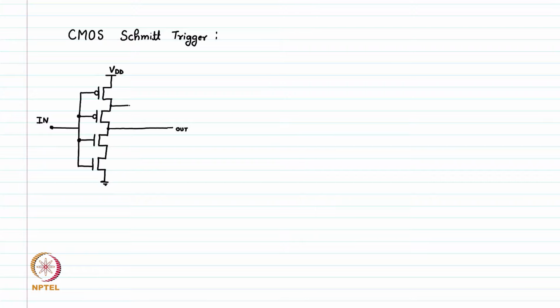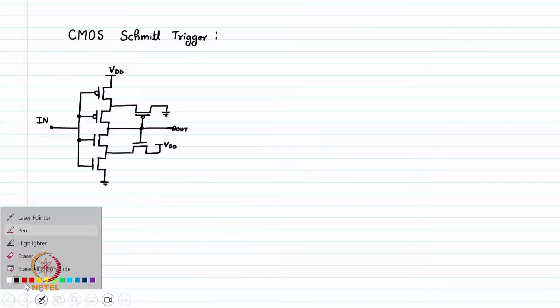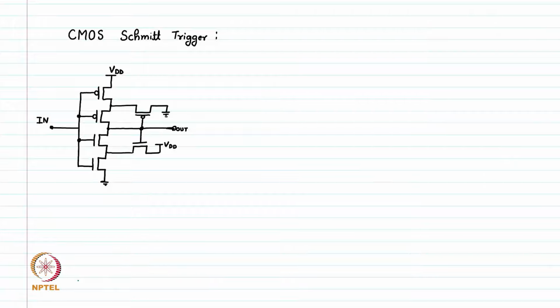There is a separate structure connected here, which is a PMOS on top and an NMOS at the bottom. This is connected to VDD and this is ground. This NMOS is connected here. So, this is a simple Schmitt trigger structure which is very widely used.